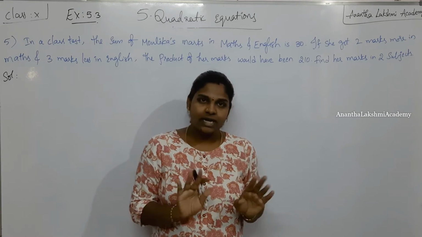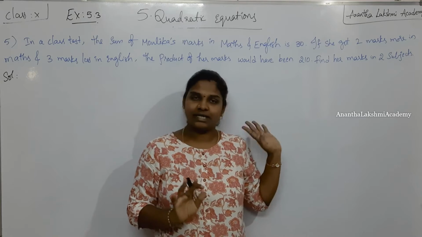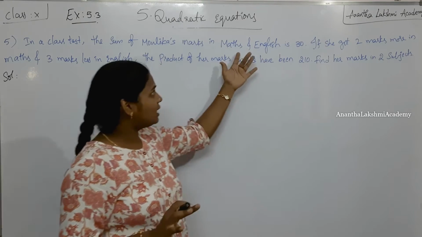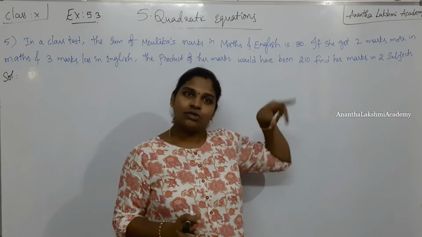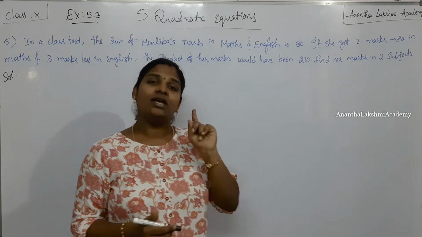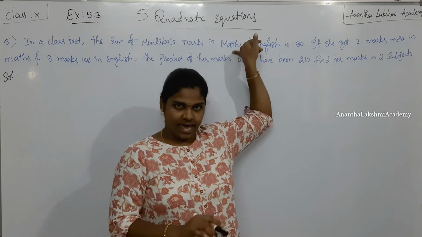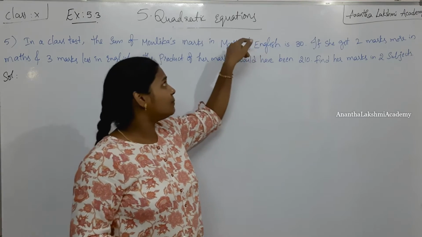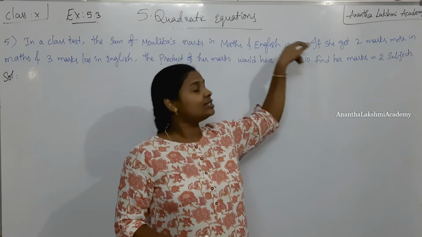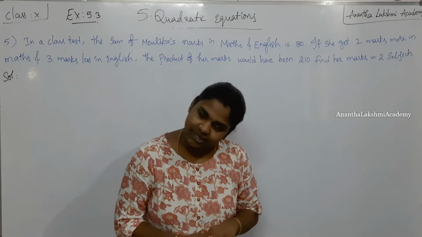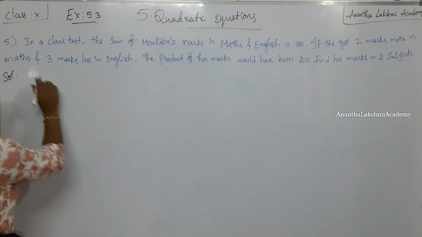So do not get 2 variables into the picture until and unless it is very much required. Here we have an option of getting English and maths marks in one variable itself. How? If I assume maths marks to be x, since they have given that maths plus English is 30, English marks would be 30 minus x. Can I say that? Yes. So let's solve the problem like that.